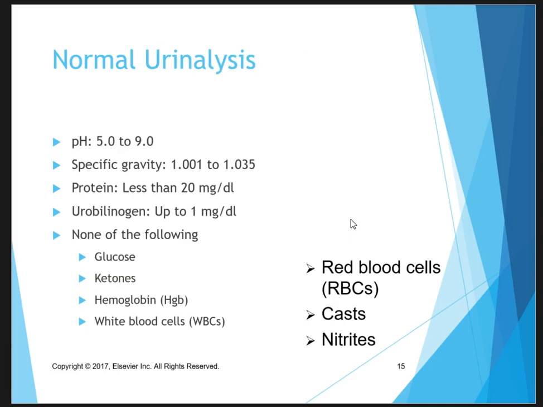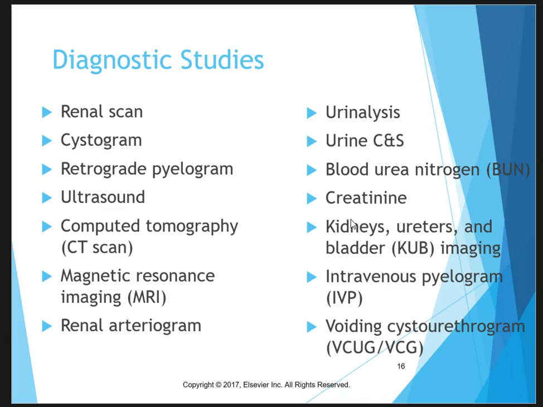I'm not going over the normal UA with you, but I did keep the slide because I know a lot of you said you print these out and use this as your foundation for your notes. So at least here you have it. Same thing with this. There are so many diagnostic studies for UTIs and for urinary issues.